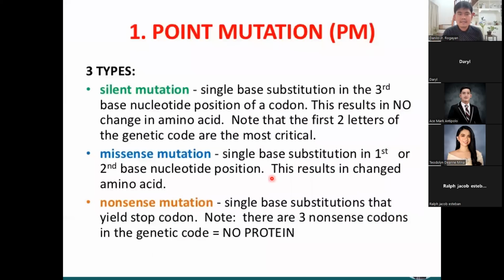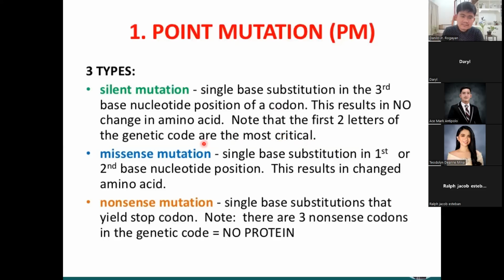So we have point mutation: the silent mutation, the missense mutation, and the nonsense mutation. For silent, single base substitution in the third base nucleotide position of a codon. A codon is composed of 3 DNA bases. This results in no change in amino acid.